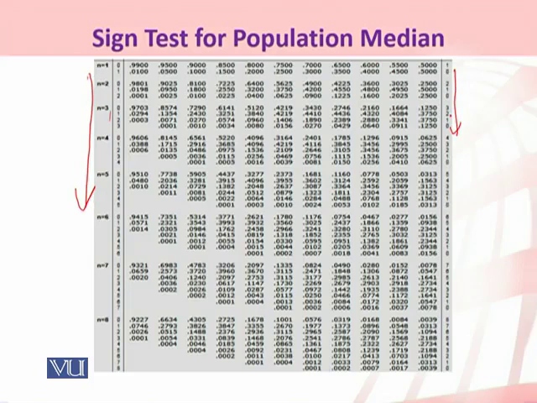So for a particular value of p and n, you are given the desired probabilities. For example, अगर आपका p 0.5 है और आपका n 8 है तो आप ये वैल्यू टेबल में से आइडेंटिफाई कर सकते हैं. So in order to find the value of the test statistic, you will have to make use of this binomial table.